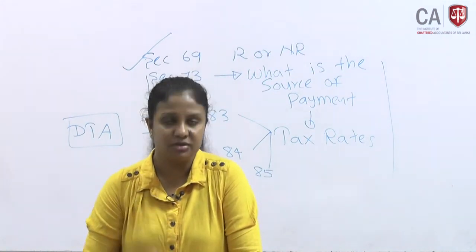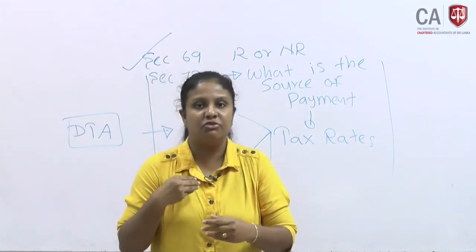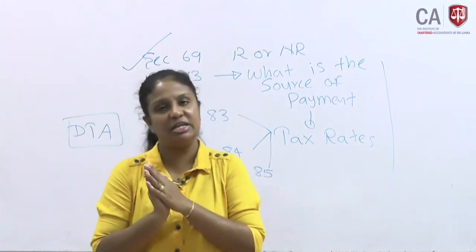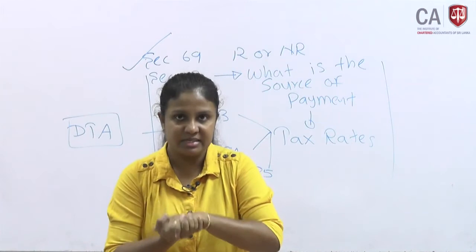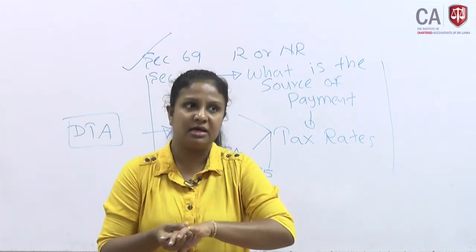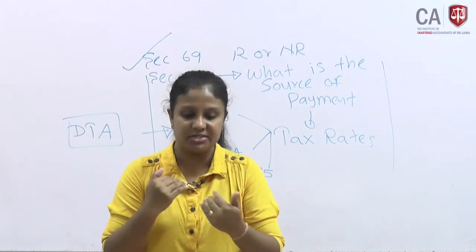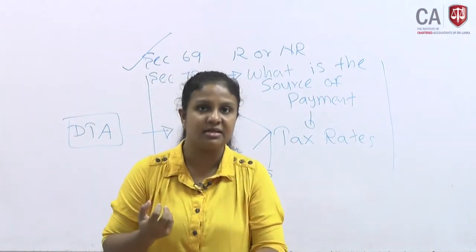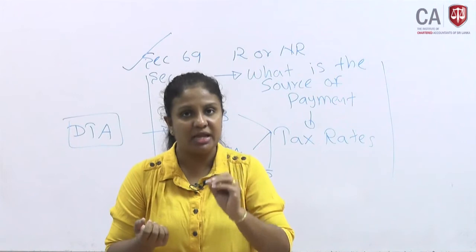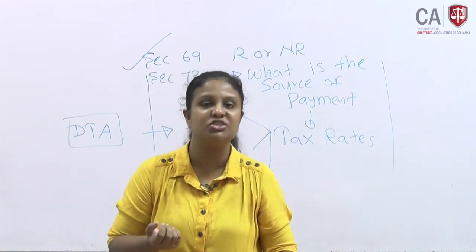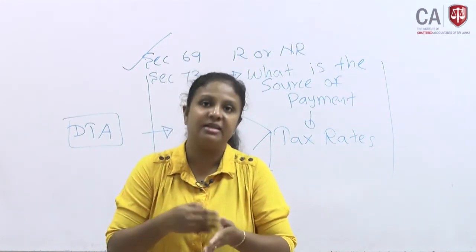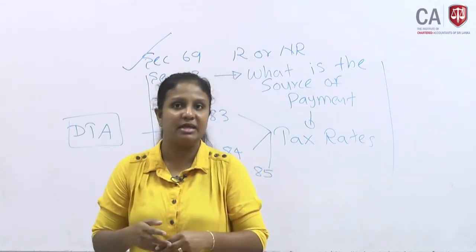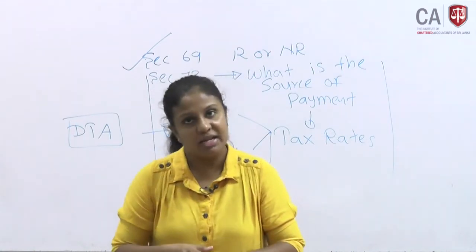Then you have to look at it as a business income. Can you remember, if it is a business income, then under section 73 it is given that if the business income is attributable to a Sri Lankan permanent establishment, to the extent it is attributable to the SLPE, it should be taxed in Sri Lanka.